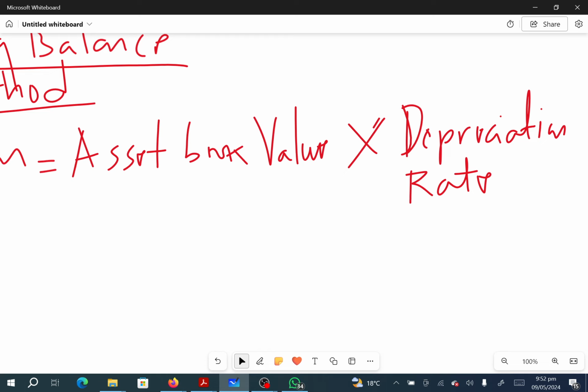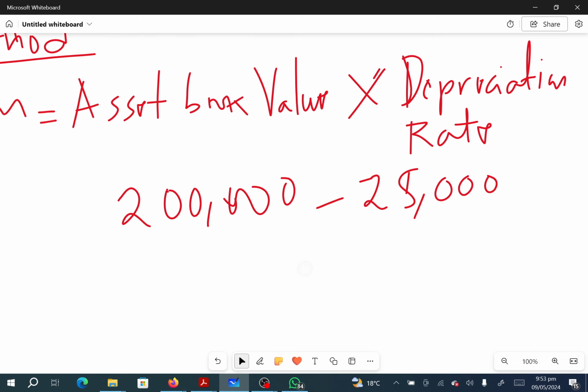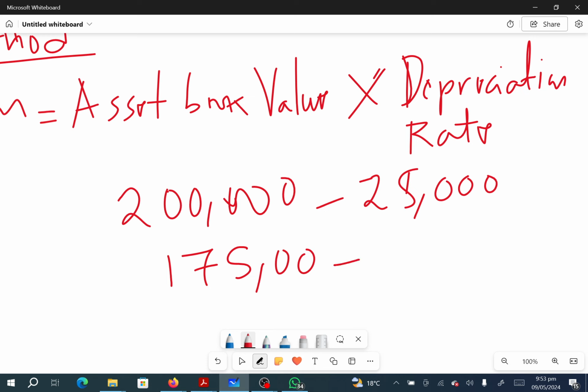So in year 2, because it lost a value of 25,000 in year 1, the value of that vehicle will be 175,000. So this is what we are calling the book value.